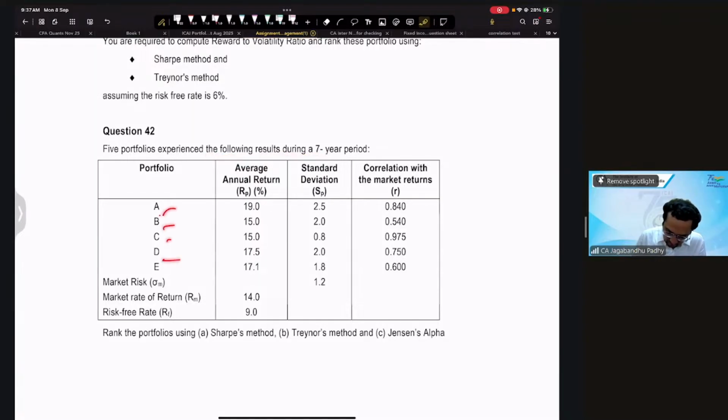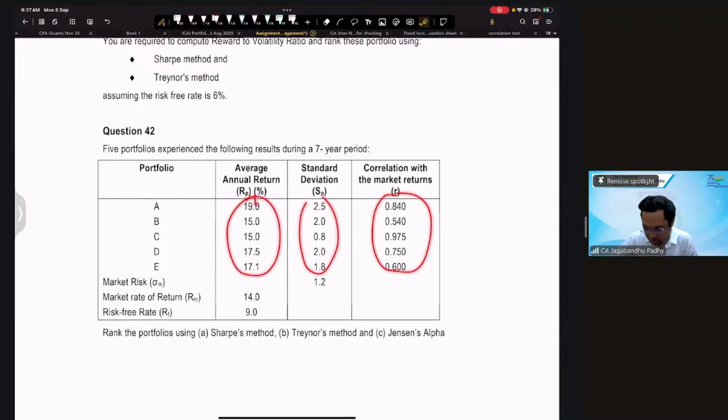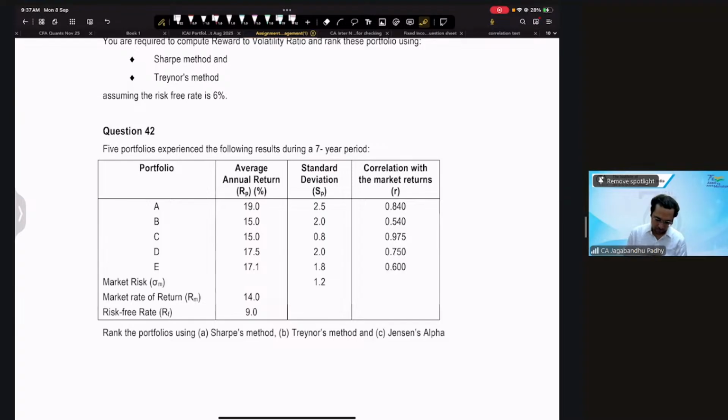So we have A, B, C, D, E, 5 portfolios. Their average annual return is given, standard deviation is given, and the correlation with market returns is also given. We have to calculate the market risk. Market rate of return is 14. Risk-free rate is 9. Then rank the portfolios using the Sharpe method, Treynor method, and Jensen's alpha.